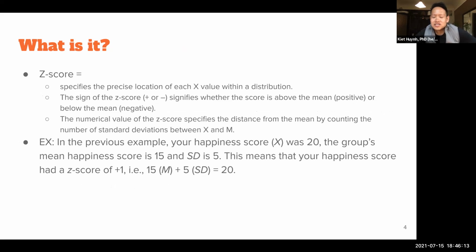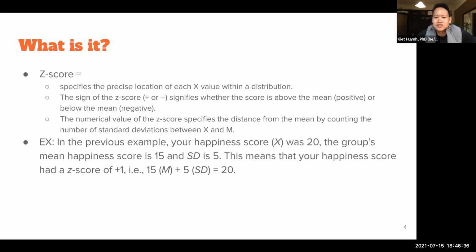All right, so a z-score basically specifies the specific location of each x value within the distribution. So the precise location of the x value within the whole data set of, in this case, all 200 people. The sign of the z-score signifies whether the score is above the mean or below the mean.